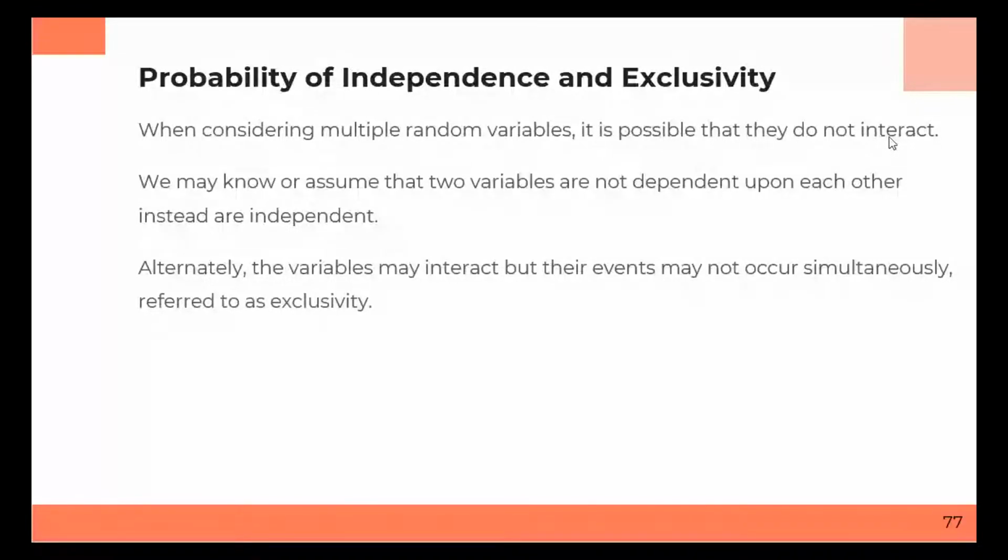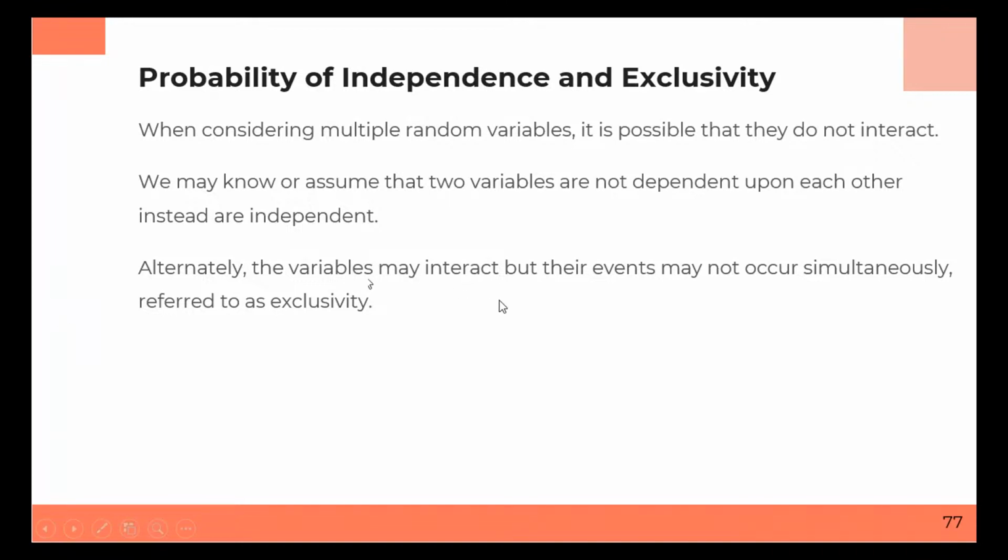They are independent variables. So we can say it is the probability of two independent events happening. We may assume that two variables are not dependent on each other, and initially we can consider them independent.